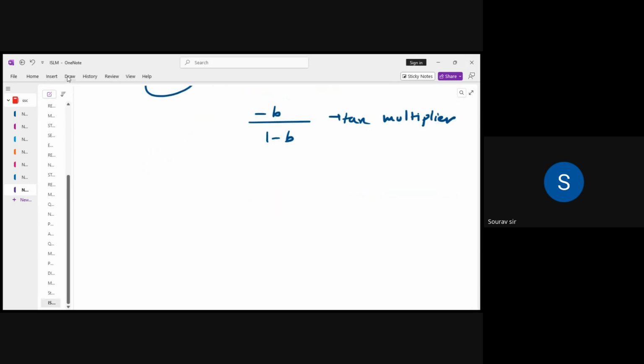What are loanable funds? This is the loanable funds interpretation of the IS curve.